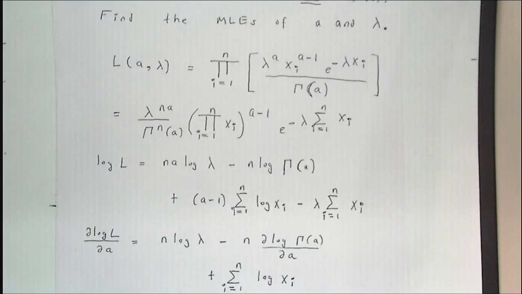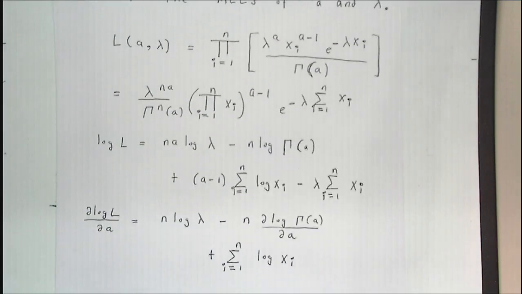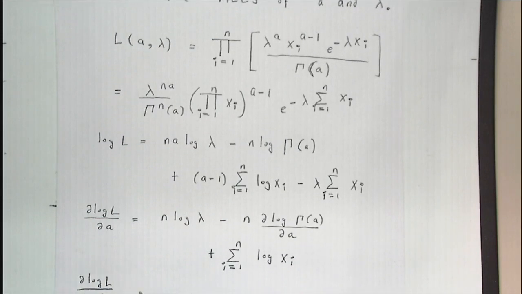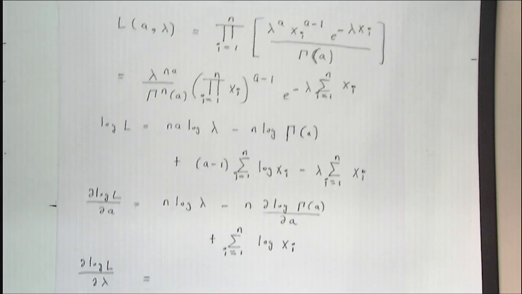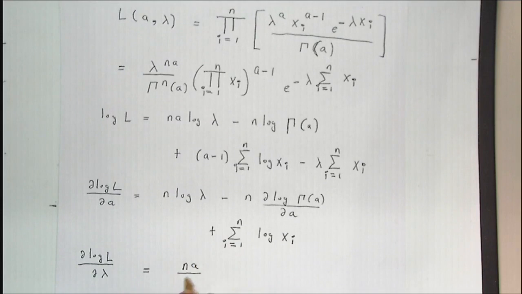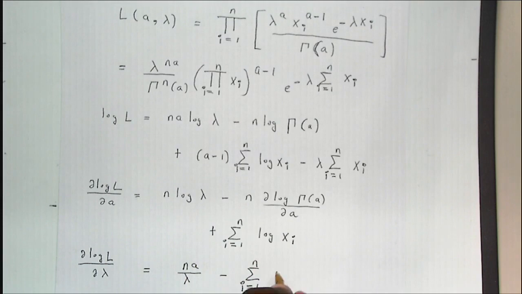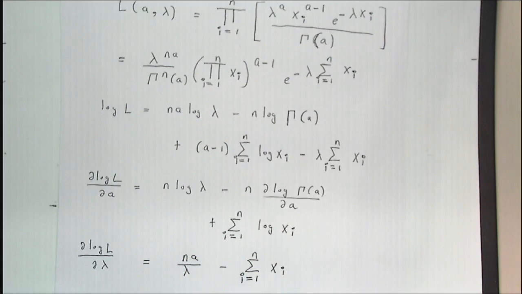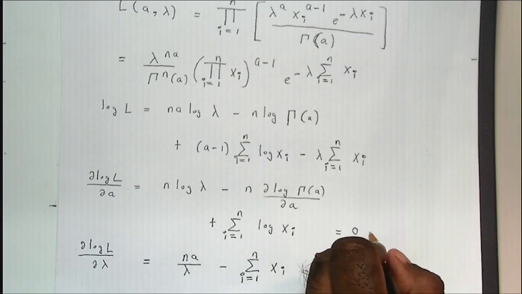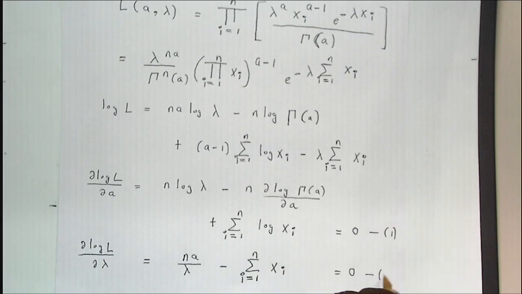So this is the partial derivative with respect to A. The partial derivative with respect to lambda will be this, all right? Now I'm going to equate this to 0, equate this to 0, call this 1, call this 2.